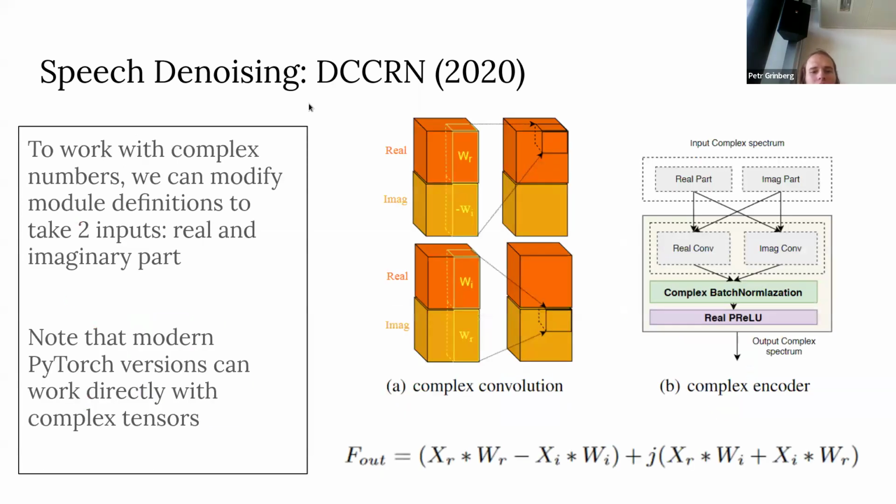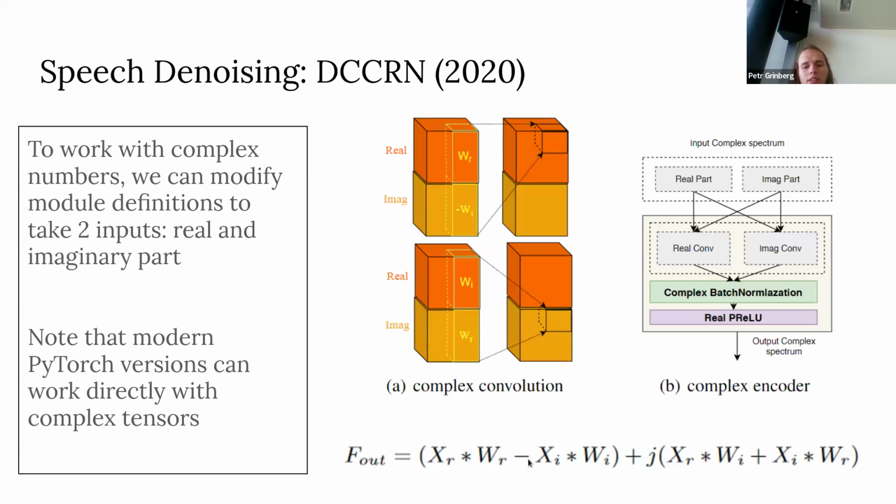So let's discuss an example of a complex convolution. It's actually simple. Instead of having one input, which is complex valued, we will have two inputs, the real part of our value and the imaginary part of our value. Then we can modify our convolution to look like this. Instead of having just X convolved with filter weights, we will convolve the real part with real filters, sorry.